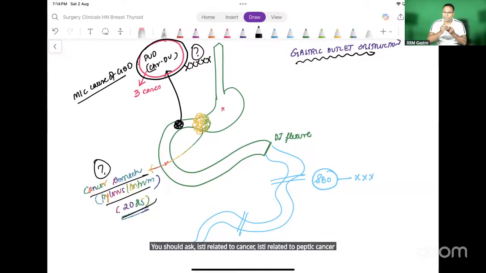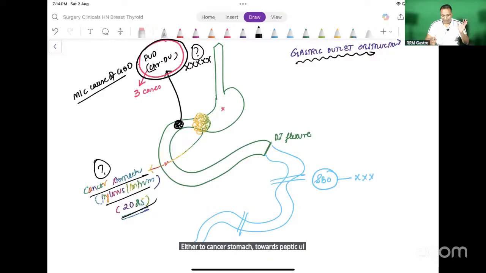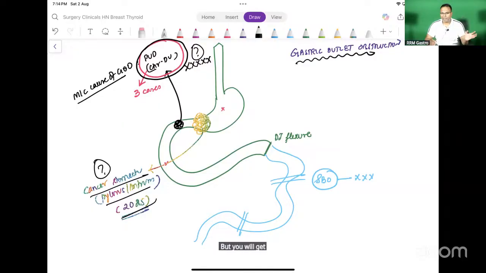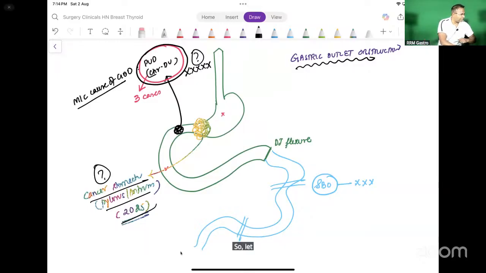I'm telling you, peptic ulcer is never seen in practice causing GOO, but you will get questions on peptic ulcer disease. This is a basic thing: cancer stomach causing GOO is the commonest cause of GOO. Okay, so let us start the presentation.